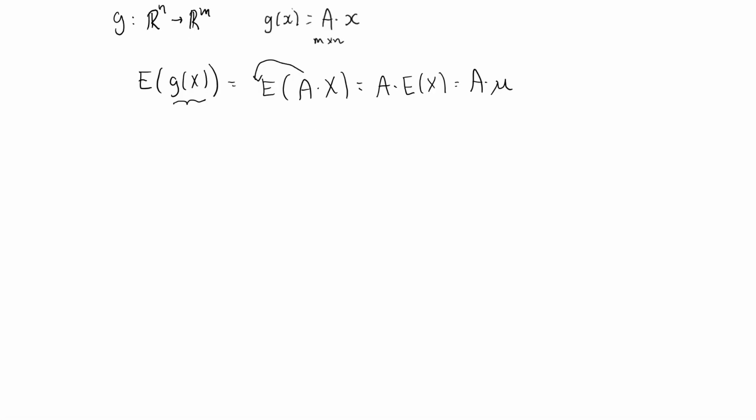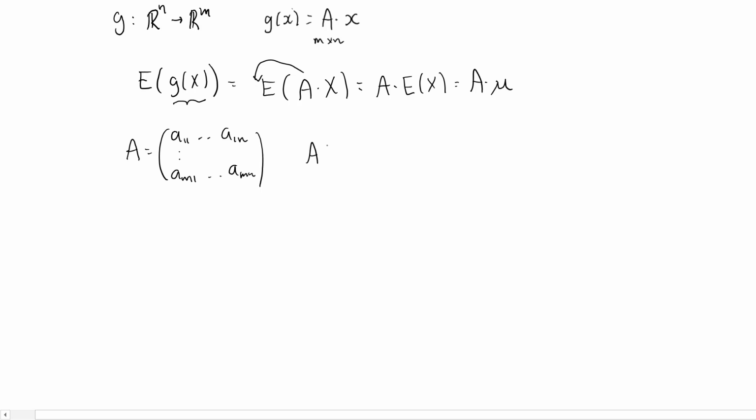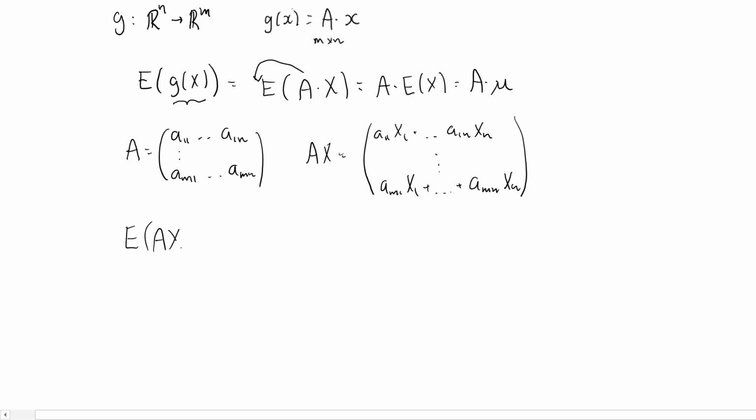Again, it's not hard to see exactly why we can take the matrix outside. If A is this matrix, A11 to A1n, all the way to AM1, AMN, then Ax is just this vector: A11 x1 plus through A1n xn, down to AM1 x1 plus through AMN xn. The expected value of Ax is the same m by 1 vector, and we take the expected value of each row.